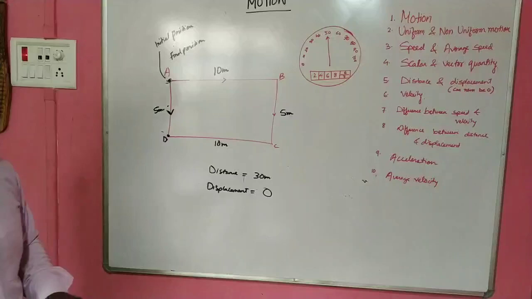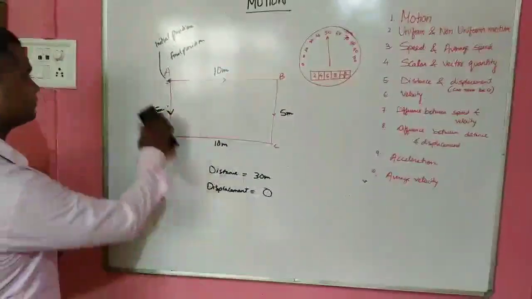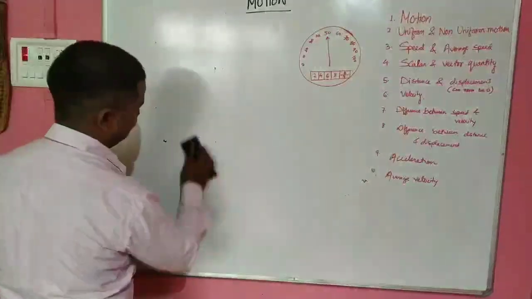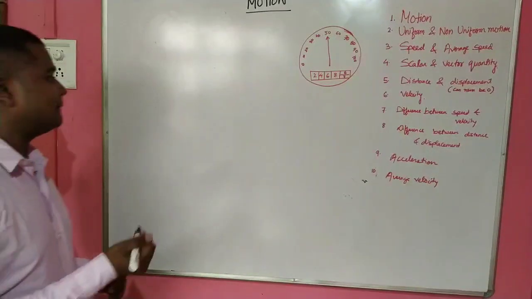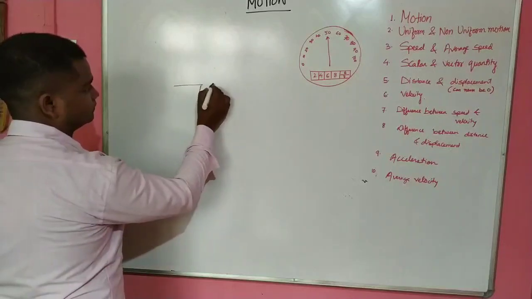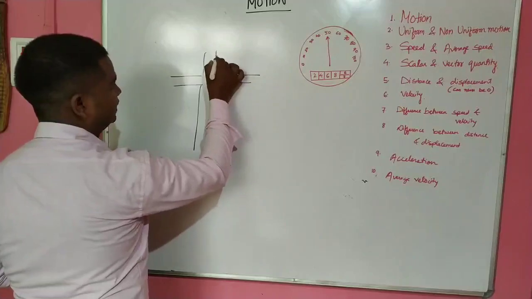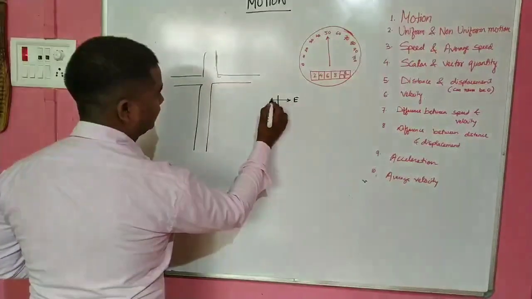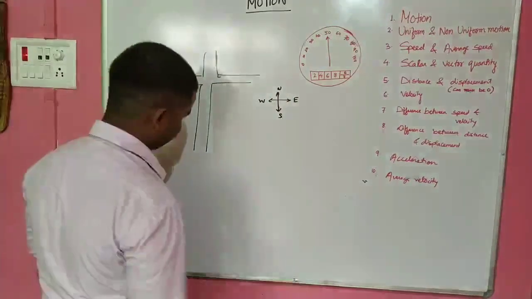Now let's move to our next topic, that is velocity. What is velocity? For that, let's take an example. This is a crossroad. We can show the direction: east, west, north, and south.